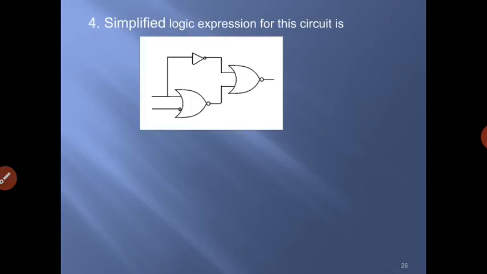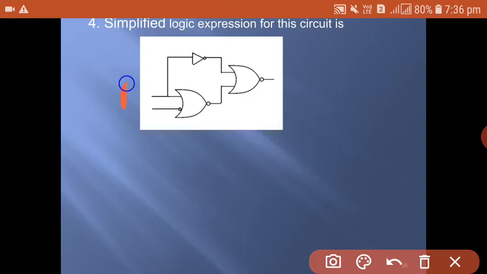Next, the simplified logic expression for this circuit is, for example, let us say a and b are the two variables. Again, simply applying all the logic gate expressions, you will get the output expression. Let us say this is the first NOR gate and this is the second NOR gate. So the output of the first NOR gate will be what?